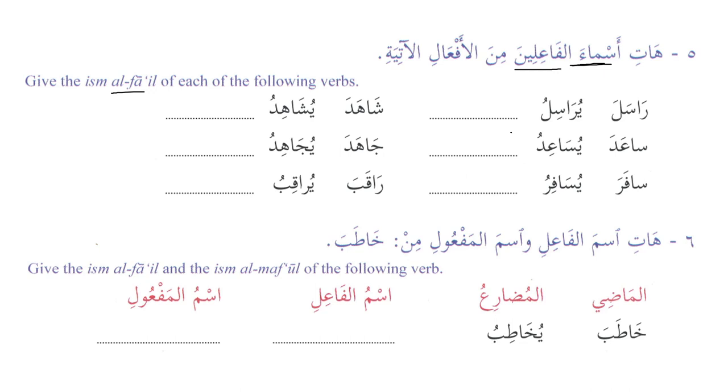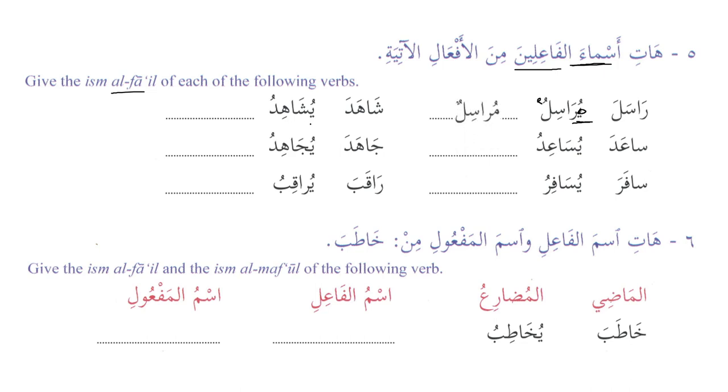What we normally do, as we discussed, is that the mudari has ya and ism al-fa'il has mu. So rasala yurasilu, what will be ism al-fa'il? Murasilun. If you look at the mudari, we change ya into mu, and in the end we put tanween, so it becomes murasilun, the one who corresponds.